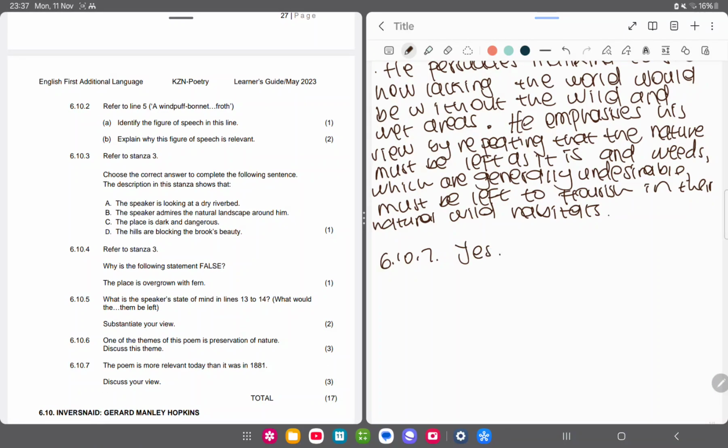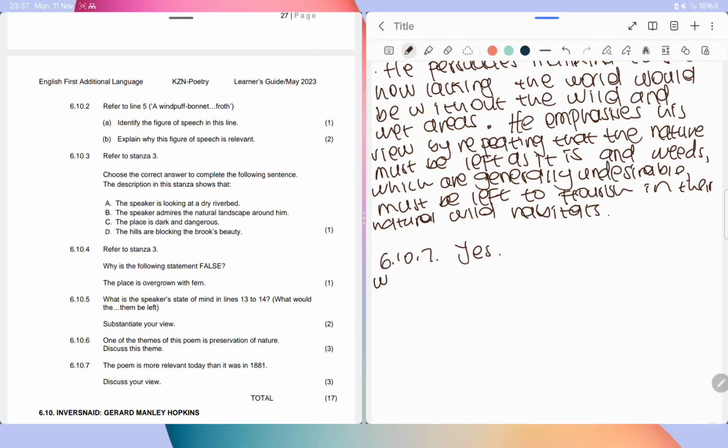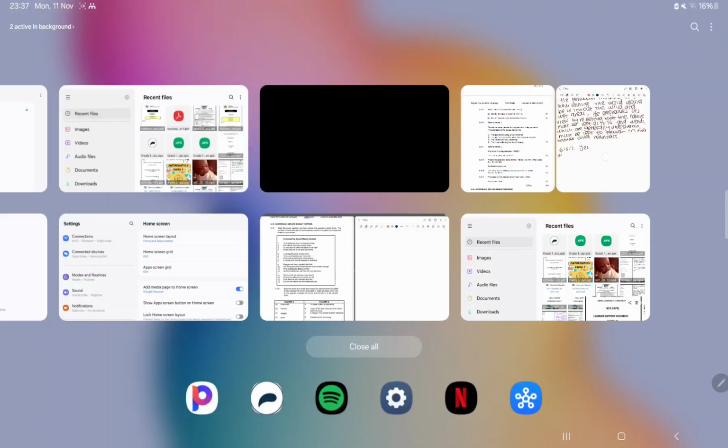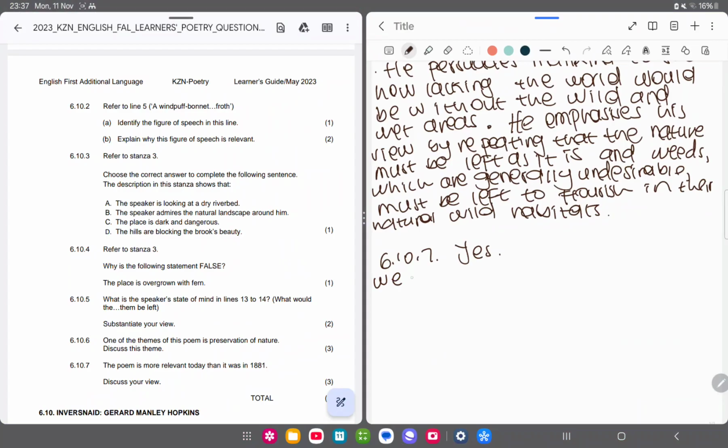In yes, we can say that right now in the world we are at the height of the Industrial Revolution, with so much civilization going on.